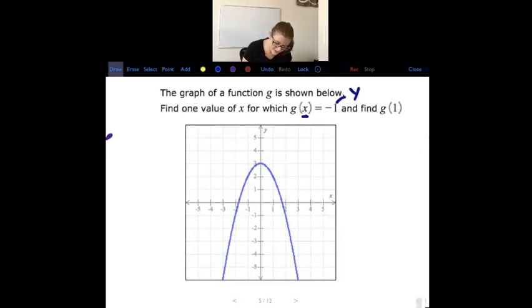So we go to y equals negative 1, and then we go to the function, in either direction, and x could be negative 2 or positive 2, which is why the instructions say find one value of x for which g of x equals negative 1. To find g of 1, 1 is our x value, so we're looking for a corresponding y value. So you go to x equals 1, go to the function, and y equals 2.